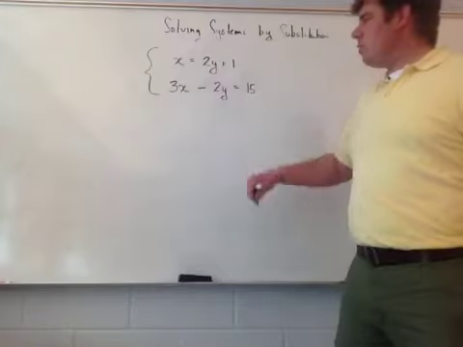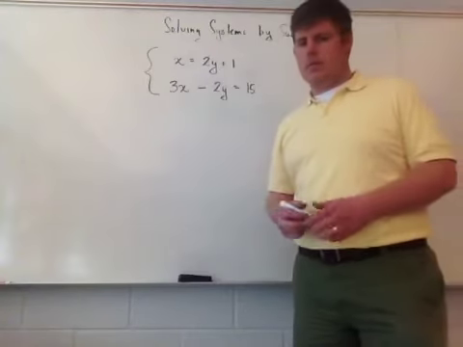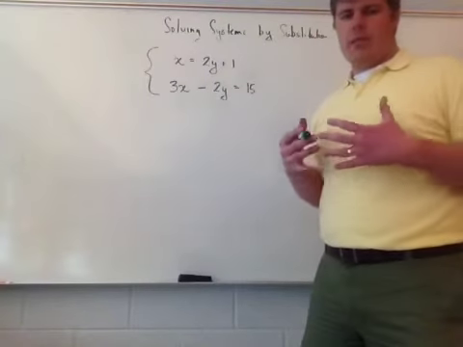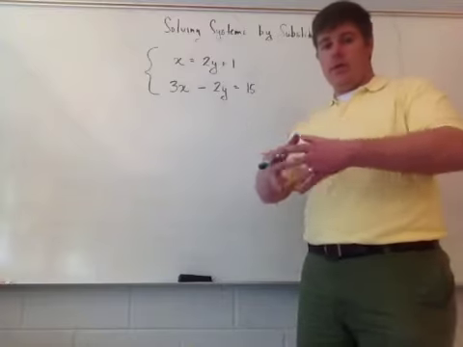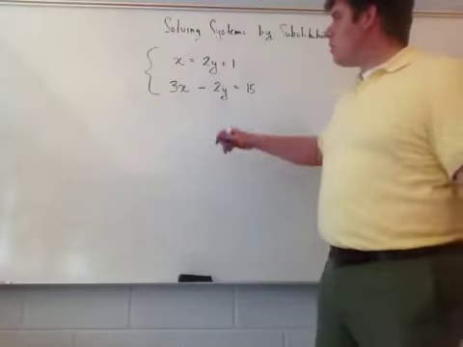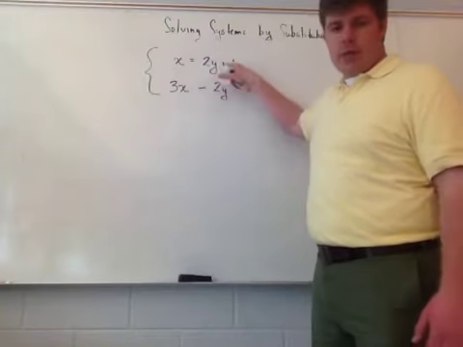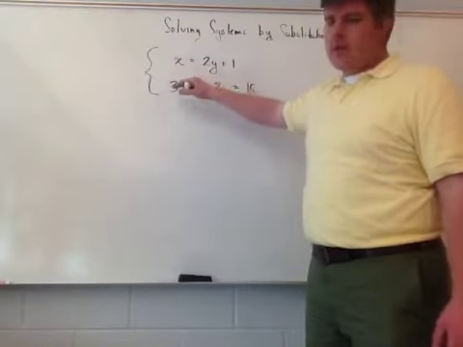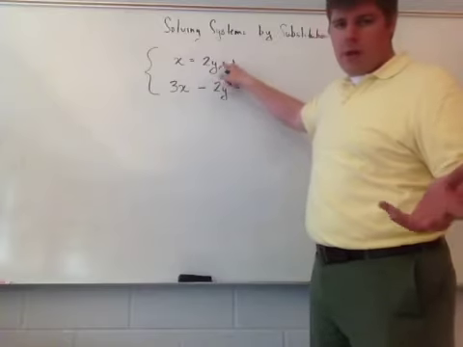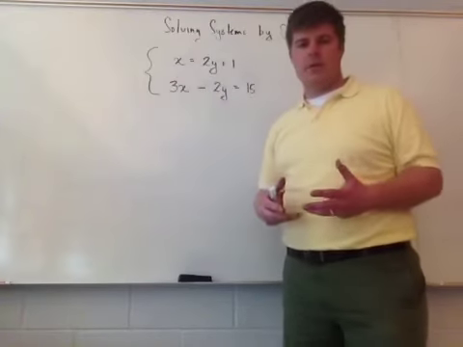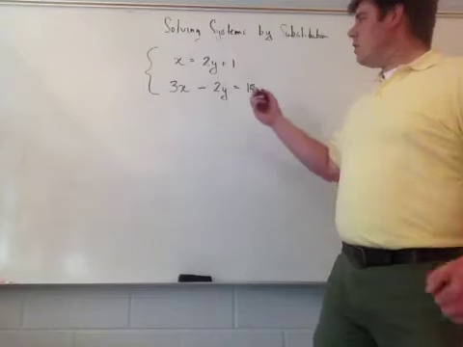But x equals 2y plus 1. Same instance as before: I am looking for one of the variables to be defined as a function. What I have here is x written as a function of y, meaning x is the same thing as taking 2 times the y variable and adding 1.